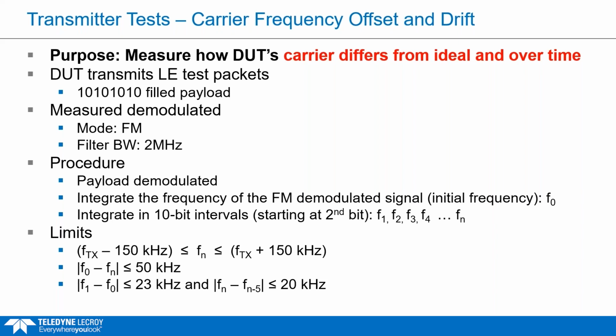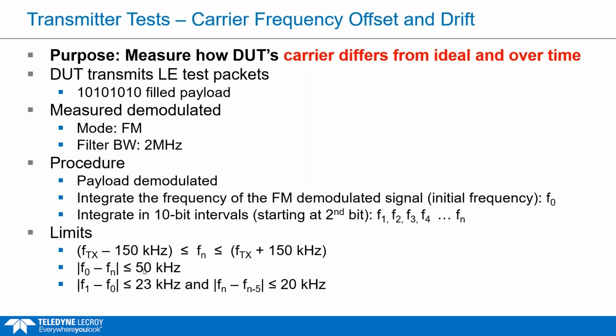So an integral in this case is just area under the curve, and that gives us a series F1, F2, F3, etc. of 10-bit intervals. And then we're verifying the average key frequency over each 10-bit sequence. So the limit here for Fn, so that's F1, 2, 3, this has got to be within plus or minus 150 kilohertz of nominal.